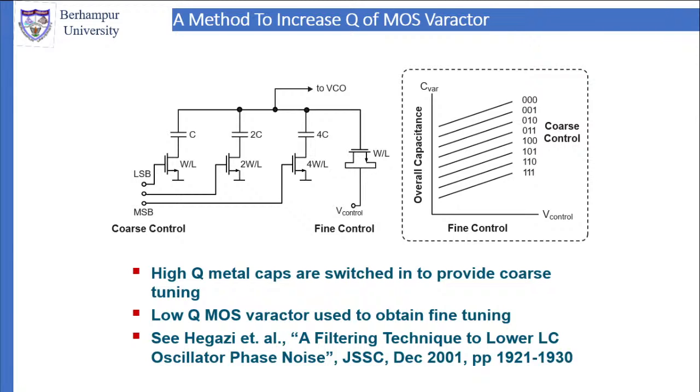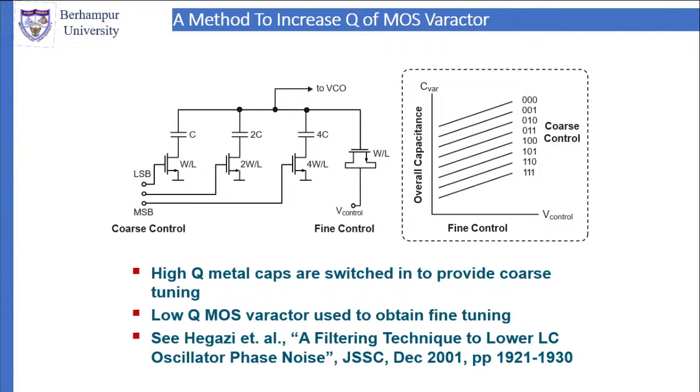We have used capacitance C with a CMOS of W by L, then capacitance 2C with CMOS 2W by L, capacitance 4C with CMOS 4W by L. So this is the design that you use. Using this design, you get high Q metal capacitances.